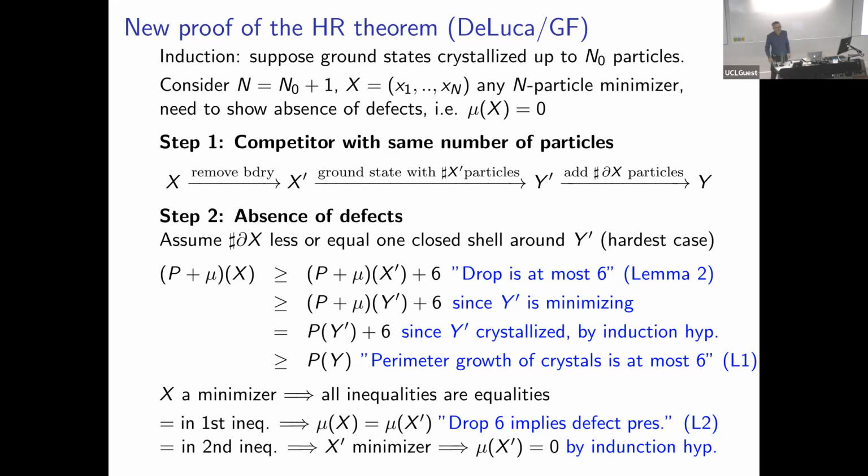Please. Comment on why this is not this case. Why is it harder, if you make this assumption, you say assume that the size of the boundary is less than or equal to this? Okay, because if the minimizer was ridiculous, you might have to add more than one closed shell to the Y prime.